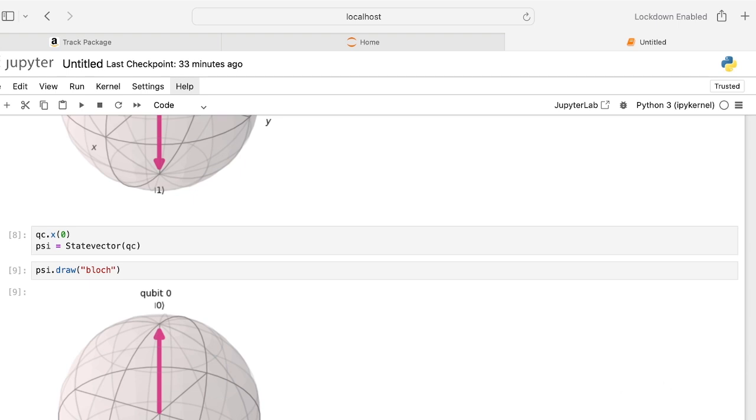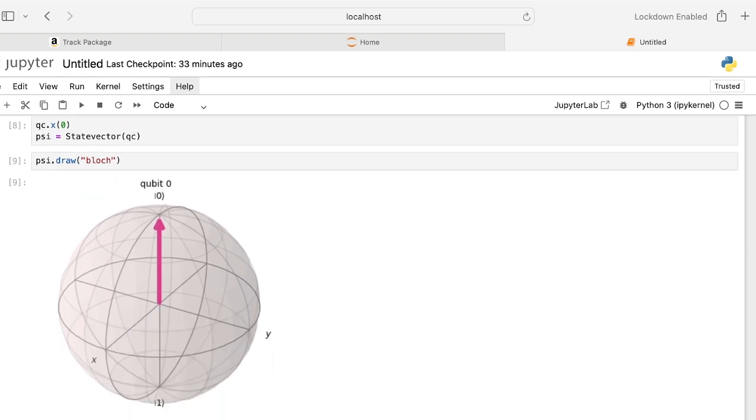Let's put it through the Y gate now. Whoops. Quantum circuit, put it through the Y gate. And you can imagine this as quantum circuit steps. First iteration was the X, then another X, and now we're going to be putting it through a Y. And the 0 here is just telling me which qubit. It's only a 1 qubit state, so this is just a formality.